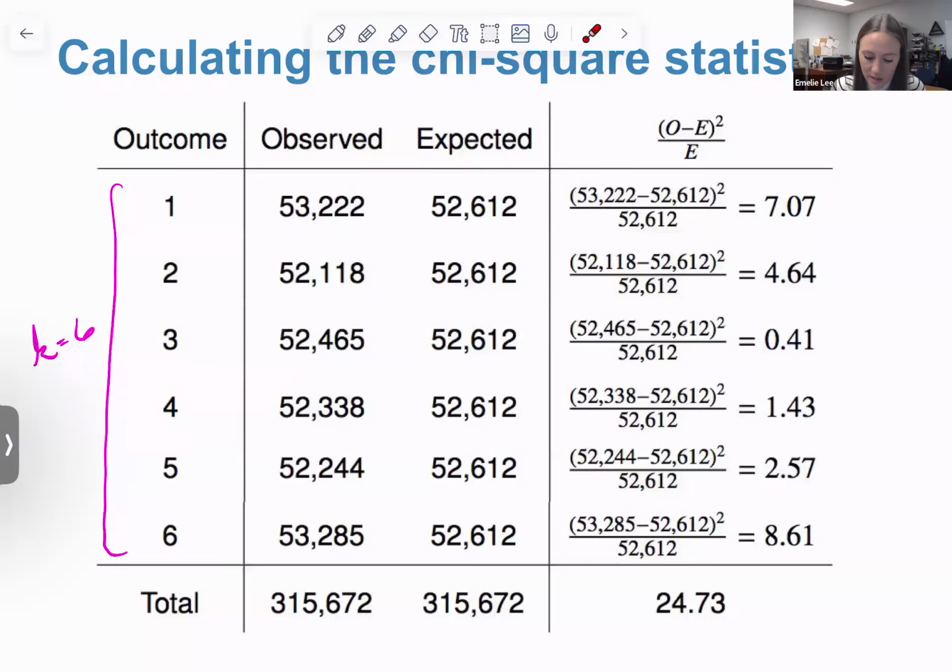I have the observed and the expected for each outcome, right? And I can do this calculation, the observed minus the expected, then square it, right? How far apart are they? That's a key part of any test statistic, right? And then we square that, and then we divide by the expected. As far as I'm concerned, we can just take that at face value. Let's just do what it tells us to do.